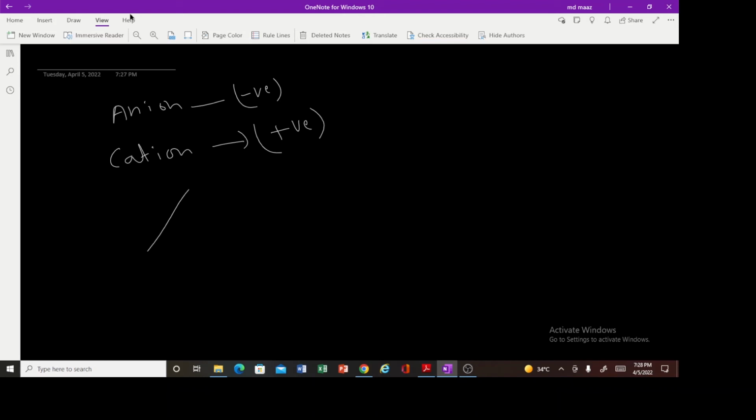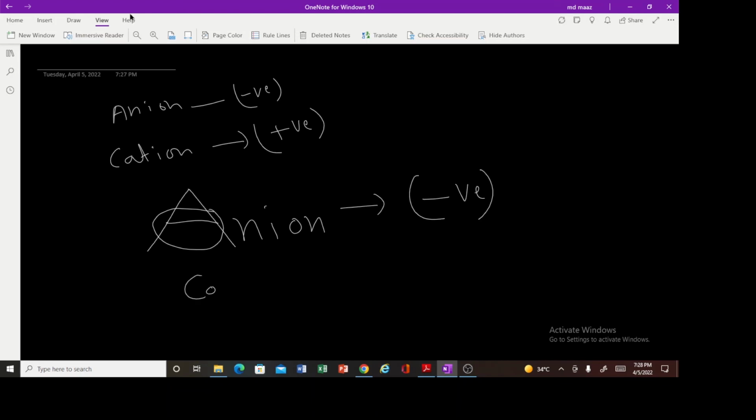Always remember anion. Here you can see this line, so represent it as minus, that is negative, whereas in cation, remember this, the T stands for plus, so you have to remember that cation is positive.